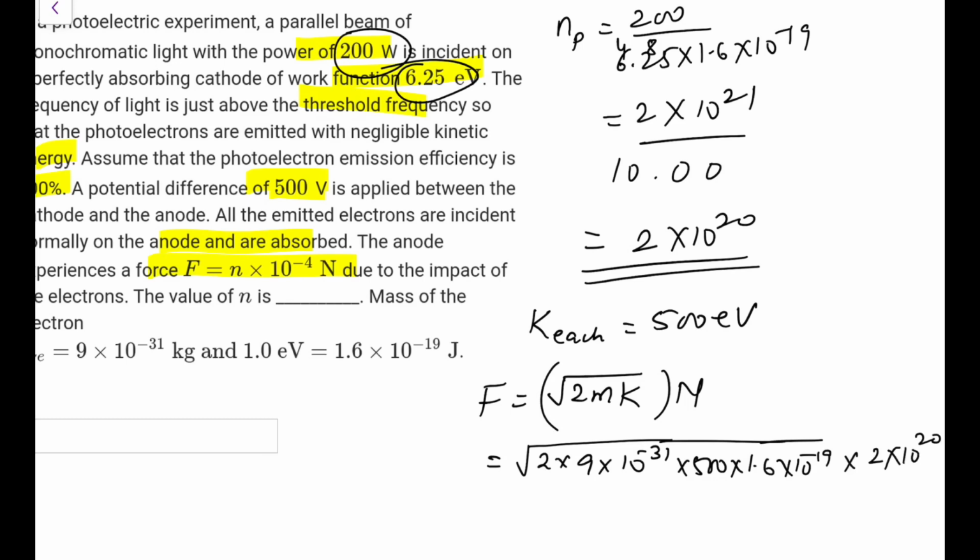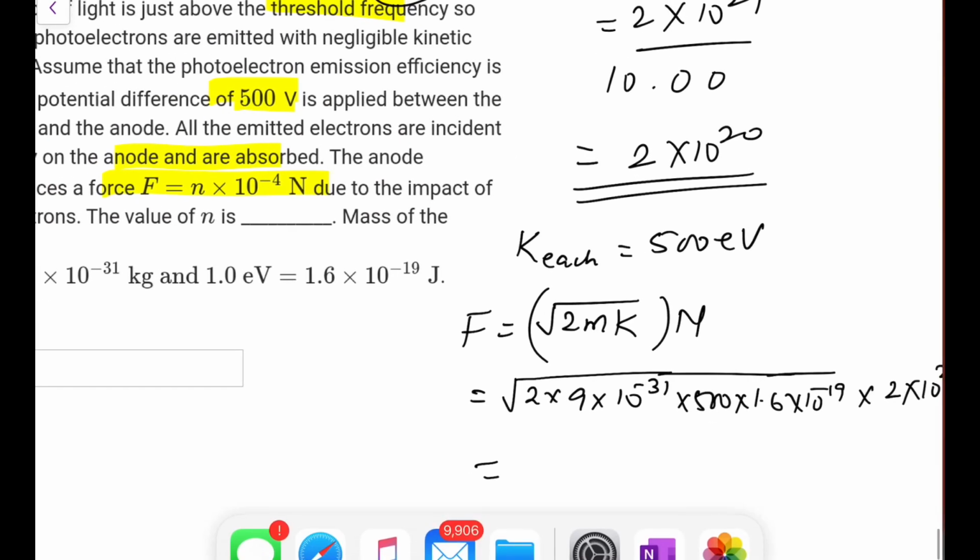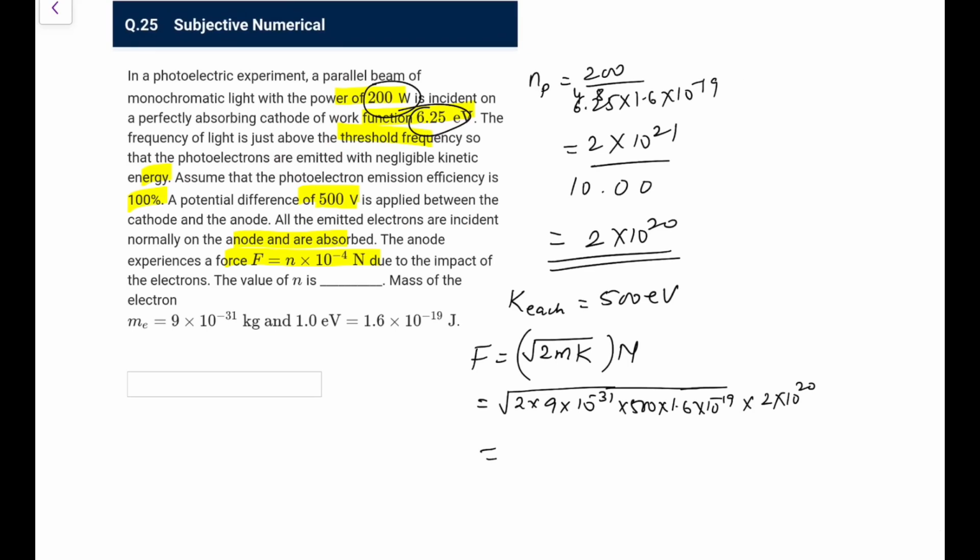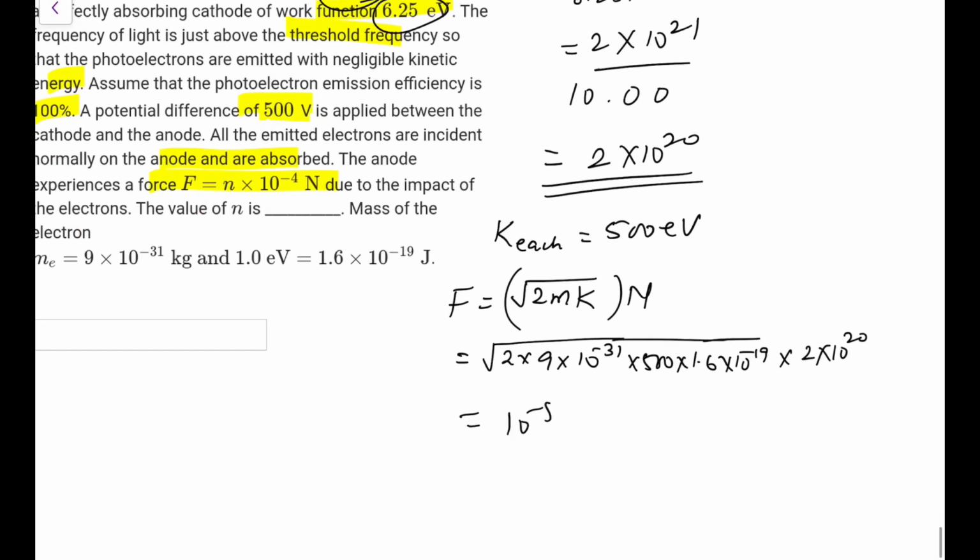So now what we are left with, this is 10 to the power minus 25, so this is 10 to the power minus 5 into 2, and what is inside is 9 into 1.6 into 2 into 500.